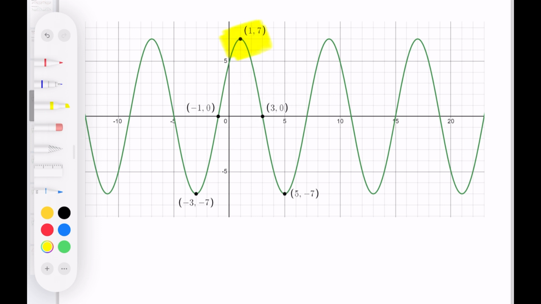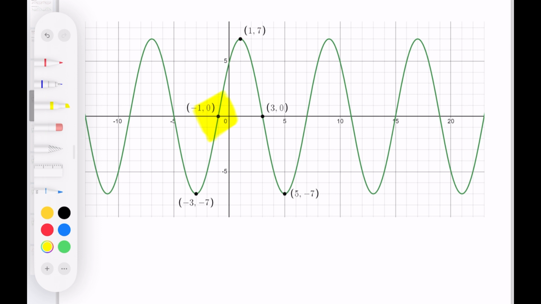Within a neighborhood of that point, the behavior is like this. That was what we saw in the basic cosine curve. That means by using that point, 1, 7, as a starting point for this graph, I can write down a positive cosine equation.